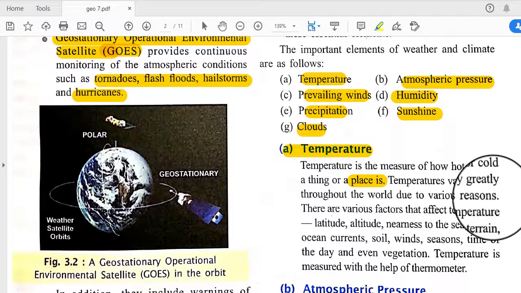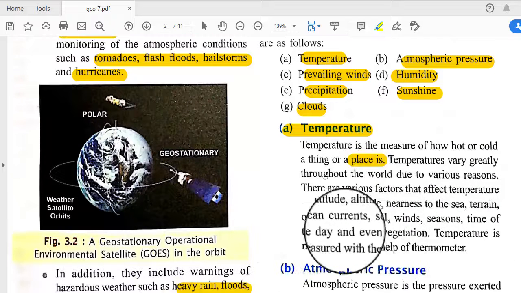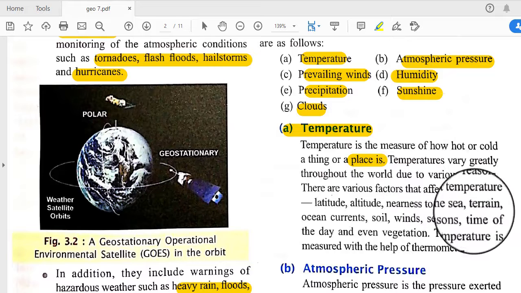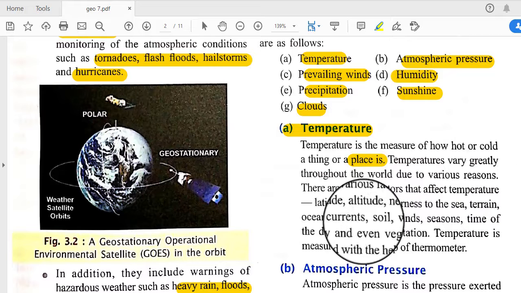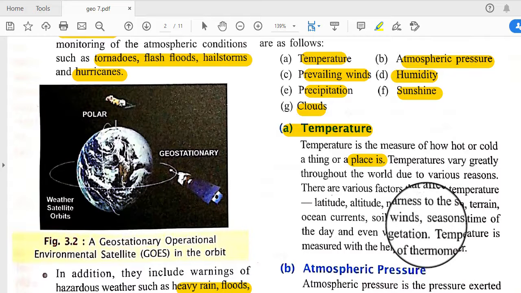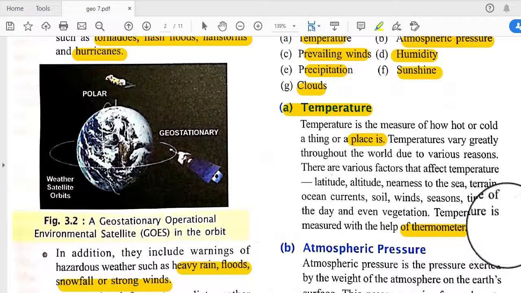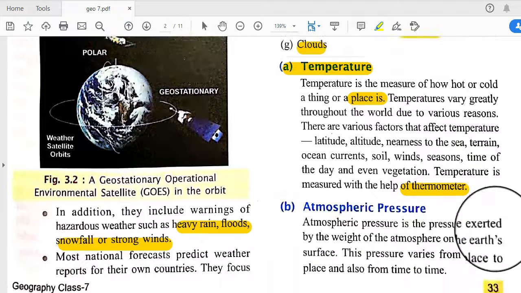There are various factors that affect temperature: latitude, altitude, nearness to the sea, terrain, ocean currents, soil, winds, season, time of the day and even vegetation. These are all the factors controlling temperature, and temperature is measured with the help of a thermometer.